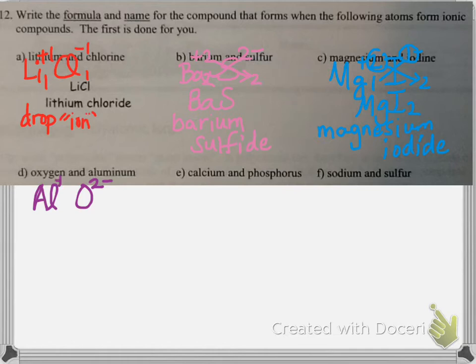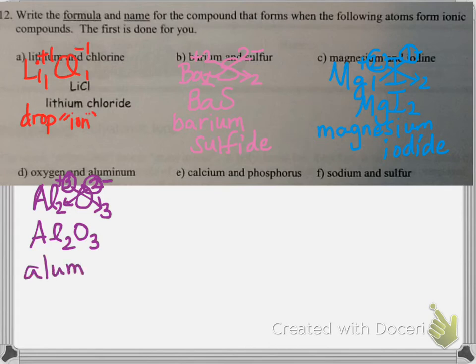It's going to lose those 3, so it's going to have a +3 charge. I crisscross down just my numbers, and I have Al2O3. Aluminum becomes aluminum ion, oxygen becomes oxide, so the name of this compound is aluminum oxide.